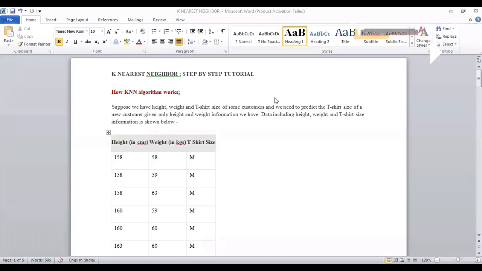KNN is a non-parametric algorithm, which means it does not make any assumption on the underlying data. It is also called a lazy learner because it does not learn from the training set. Instead, it stores the data, and at the time of classification, it performs an action on the data set. Such algorithms are called lazy learners.